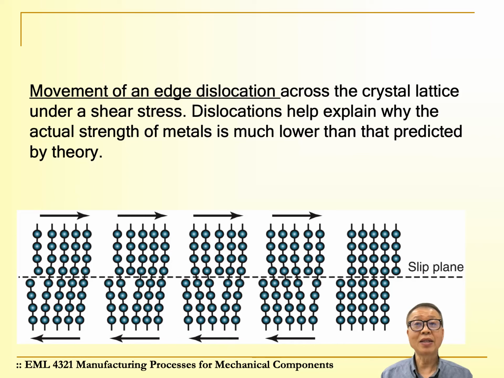It kind of bends and then moves. So dislocation facilitates the movement of atoms due to this lacking array of atoms. So dislocation helps explain why the actual strength of metals is much lower than that predicted by theory.